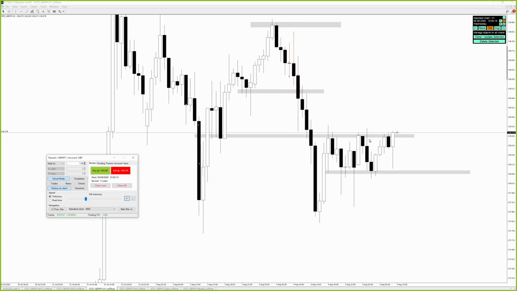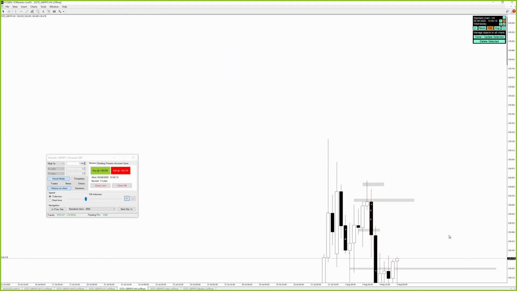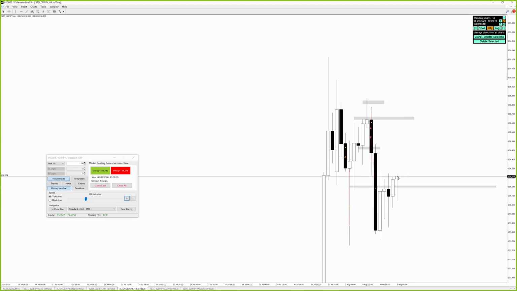If we're closing above these wicks, this strong candle with a huge rejection at the bottom, looking at the 4-hour right now, I think there's a very, very high probability to go up.